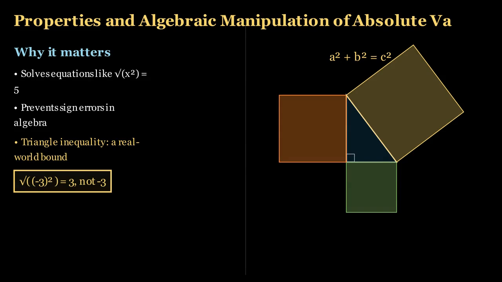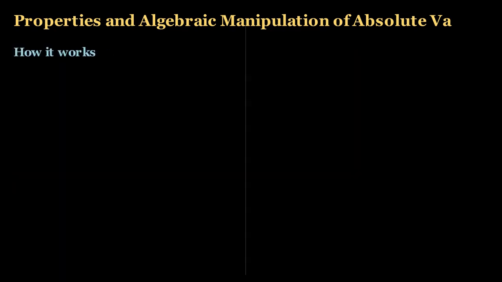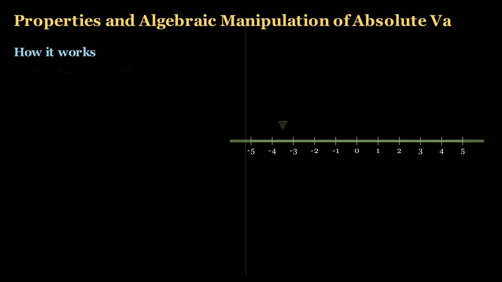Let's build these from the idea of distance. The absolute value of a product, like |2 × 3|, is the distance of 6 from 0, which is 6. But the distances of 2 and 3 are 2 and 3, and their product is also 6. This works because multiplying two numbers scales their distances from 0, and the sign of the result just depends on whether the signs were the same or different.